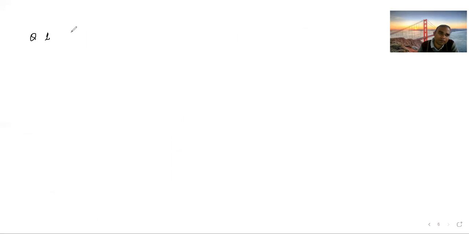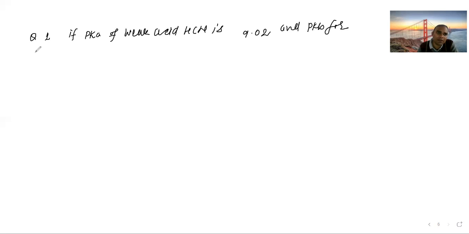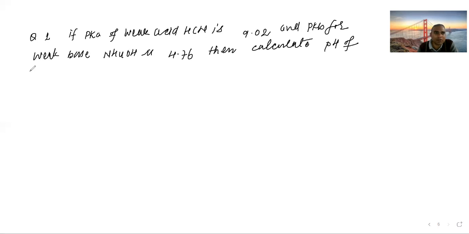Firstly, if the pKa of the weak acid HCN is 9.02, and the pKb of the weak base NH4OH is 4.76, then calculate the pH of the mixture of these solutions.